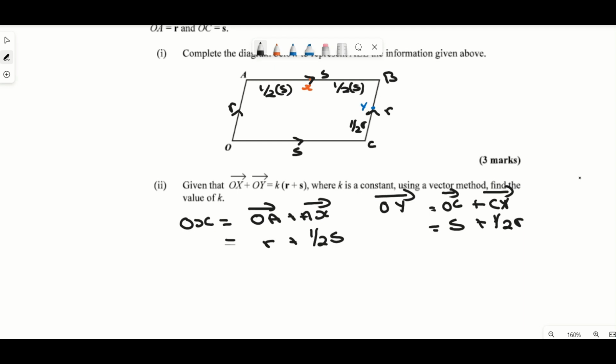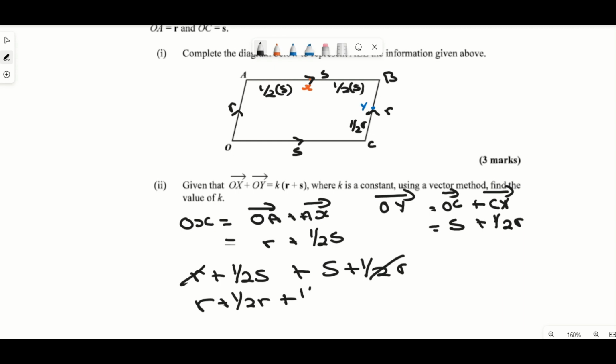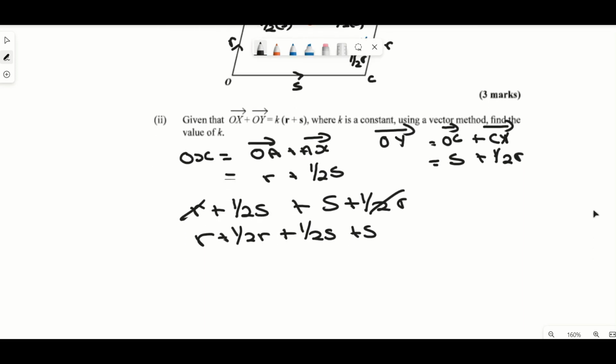Now, when you add these two, you're going to add R plus a half S plus S plus a half R. Let's group it as R plus a half R, plus a half S plus S. R plus a half R, same thing as in arithmetic: if we don't know there's a 1 in front, 1R plus a half R is 1.5 R, plus 1S plus a half S is also 1.5 S. What they did here is they factored out what they have in common.